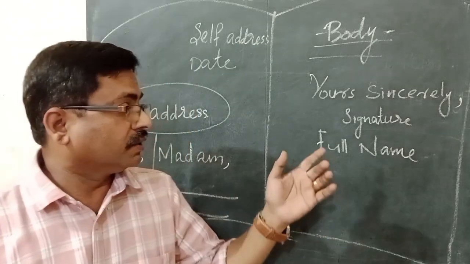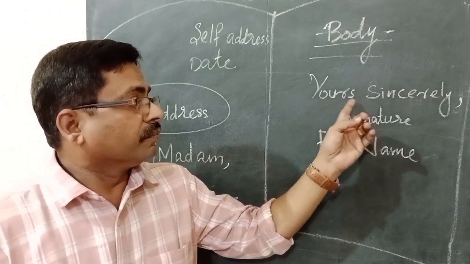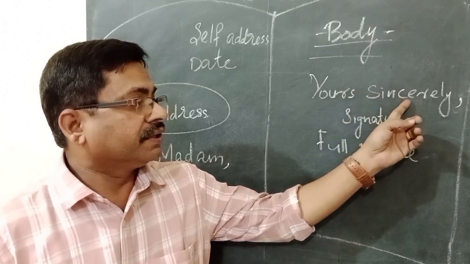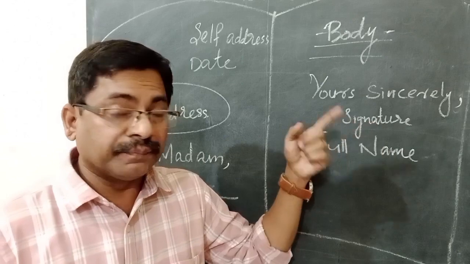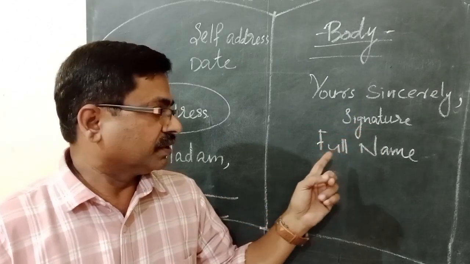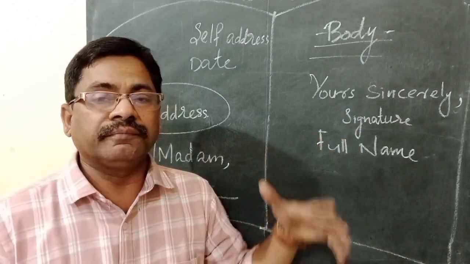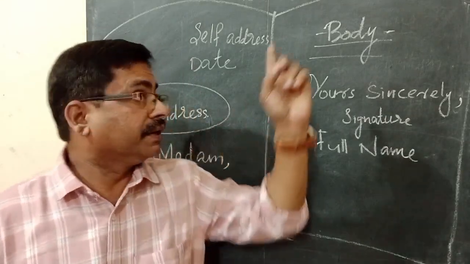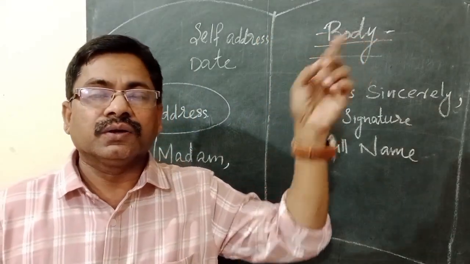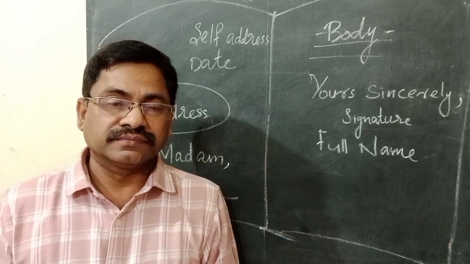Now you can conclude. Yours sincerely, followed by a comma. Later you can put your signature here and write your full name. This is the format of a formal letter or an official letter.